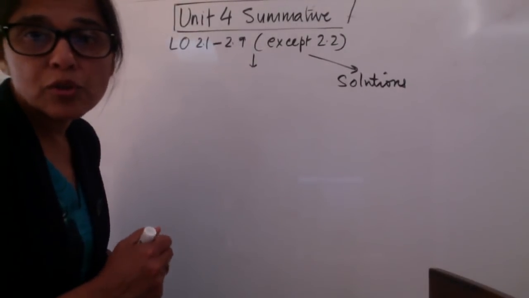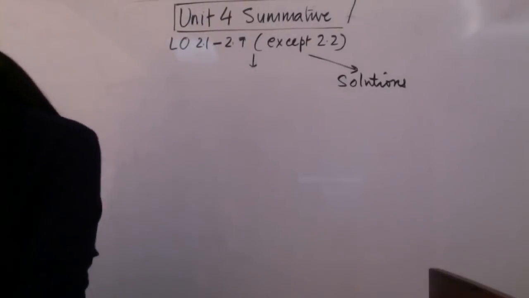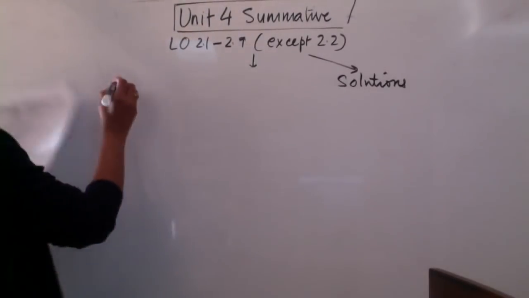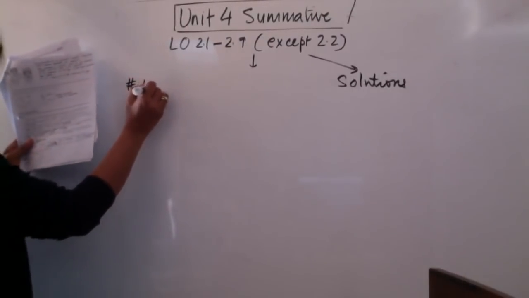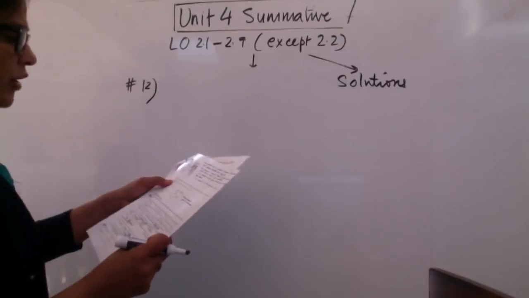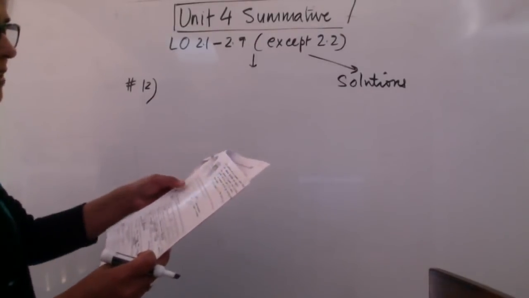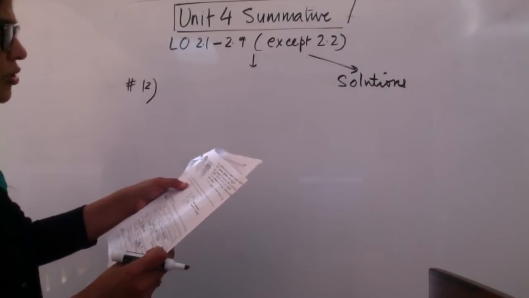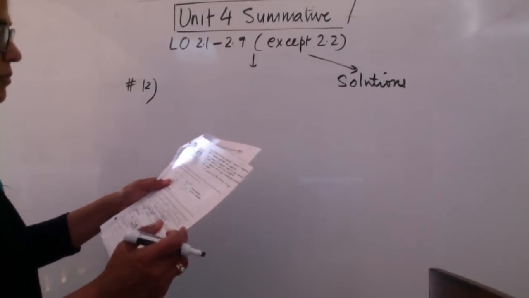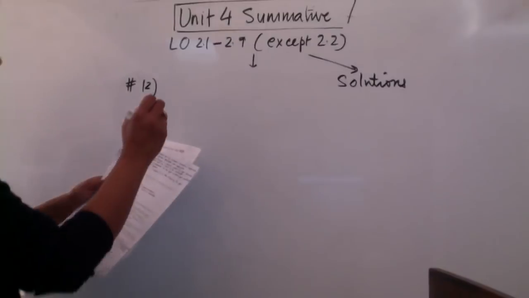Okay. So you wanted me to draw out number 12. Number 12 says draw a particulate level drawing of the changes that will be observed in a sample of oxygen when the temperature is increased from 40 to 150 at a constant pressure of 1 atm.